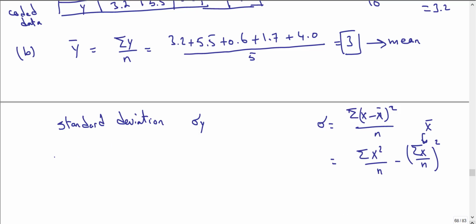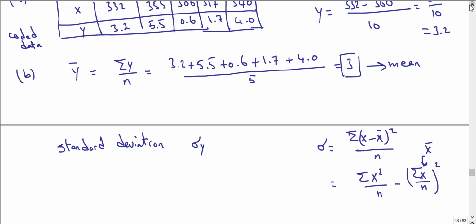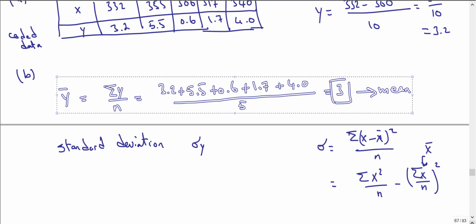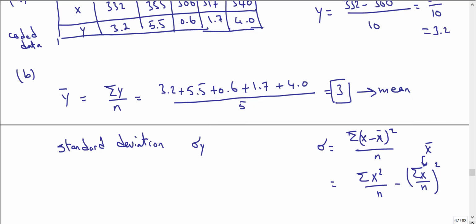So we put y's. We learned last lesson how to find the standard deviation. We go to the table and add another row called square, where we square the data.